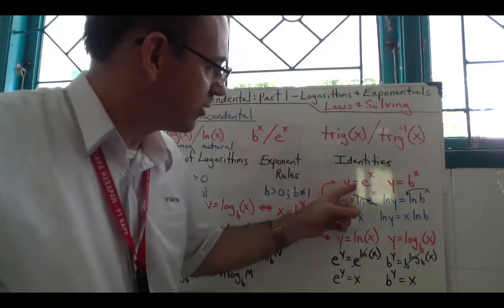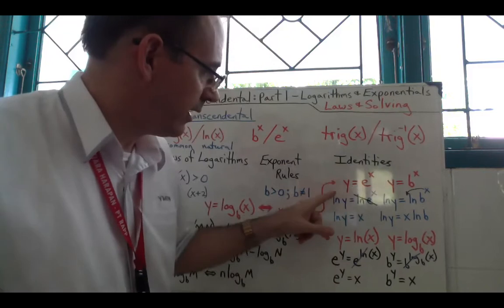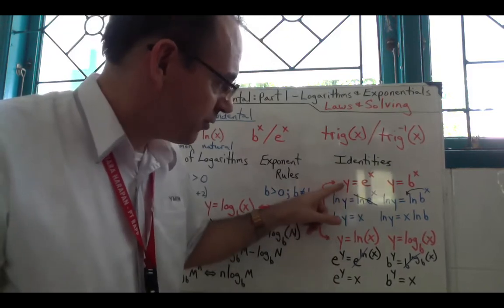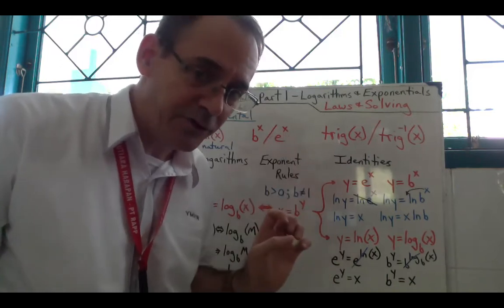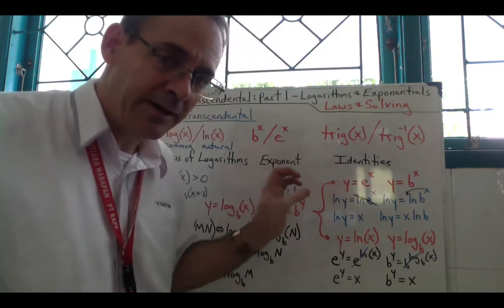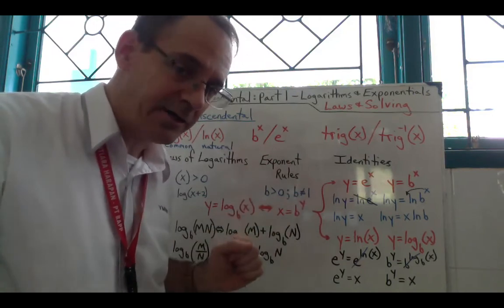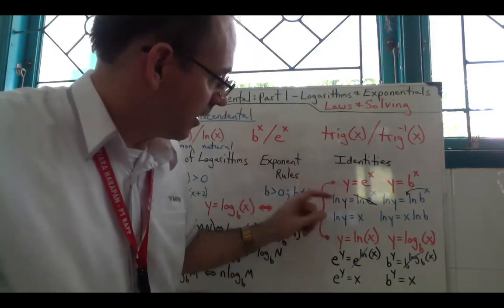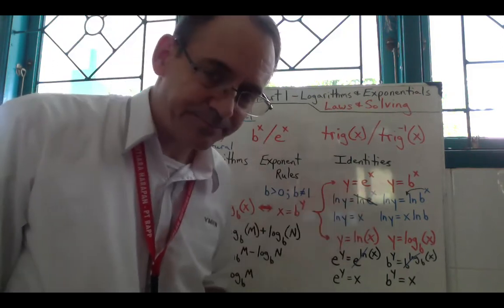So if we have y equals e to the x, we ln both sides. Now we have ln y. The y becomes the argument of the logarithm. It is not multiplication. It is not ln times y. It is ln y. Y is now the argument of this logarithm. And then we have ln e to the x.